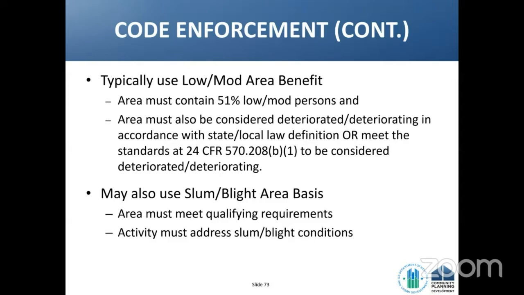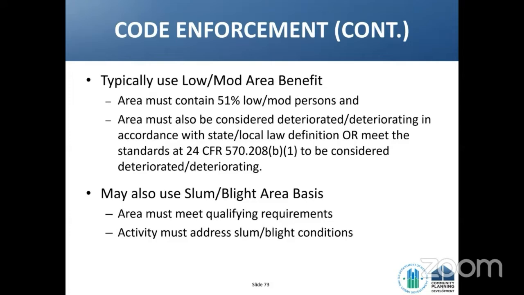Not only must the residents of the service area for the code enforcement assisted with CDBG be 51% LMI, but, I'm sorry if I sound like a broken record, the area must be deteriorated or deteriorating in accordance with state or local law, or either meet the standards at 208(b)(1). If they meet those standards, they can also use the slum blight area national objective.